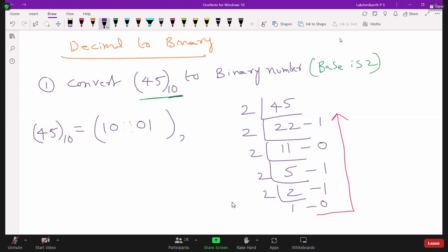This is in the base 2 system. So 45 in the decimal number system can be written as 101101 in the binary number system.